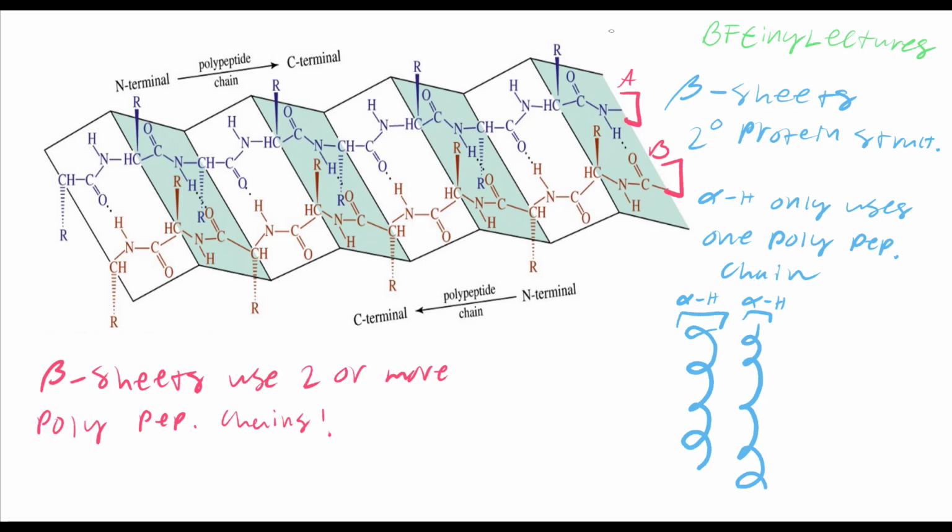I'm just putting that randomly, it could be hydrophobic for all I know. So this could be hydrophobic, and this one could be hydrophilic. You want to do this because it's going to offer stability within the beta sheet.